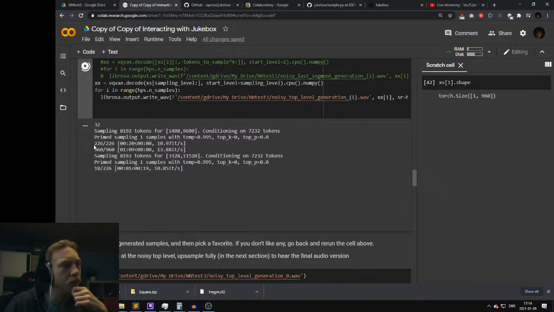Ooh, it's using a lot more in this one now. Before it was only 128. Now it's up to 226. I guess that's the conditioning or the priming or something.